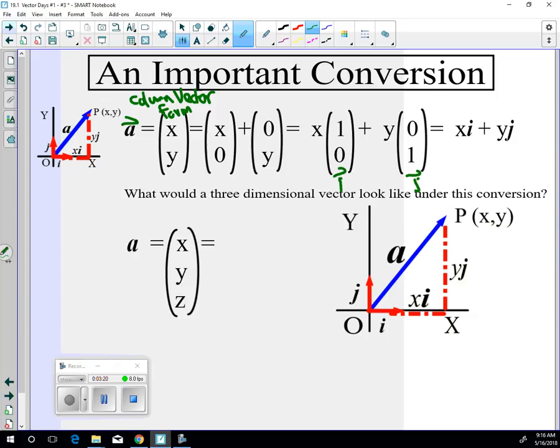So let's say this is 5, 3. Well, there's 5 of these i vectors, which we saw, and 3 of the j vectors, which we saw, which, when you add these up, it's going to be x of the i's and y of the j's. And this is my position vector. There you go. Those are the 2 forms that we're going to use. And why is that great? Well, you're going to see.